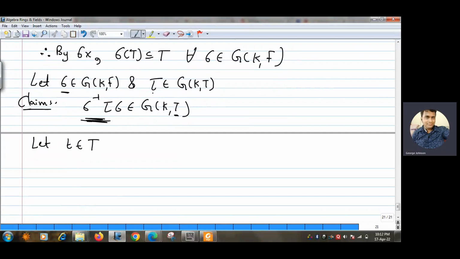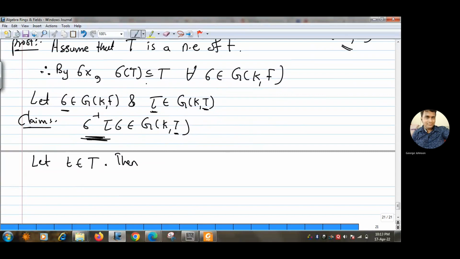I already know that tau fixes every element of T. Let us use this.